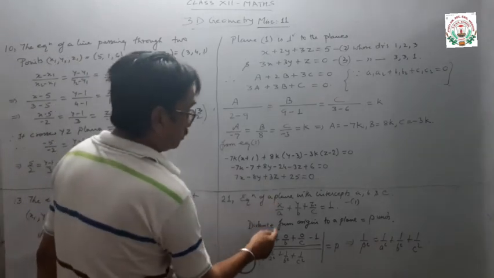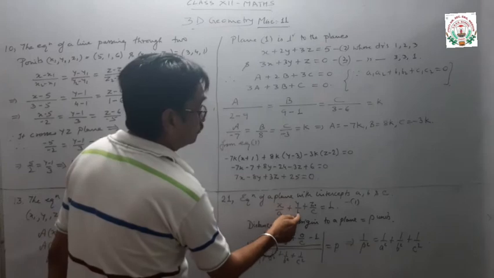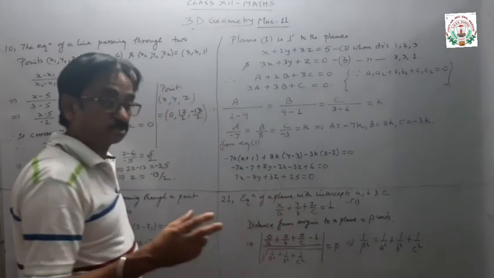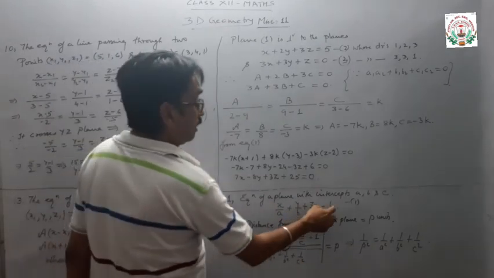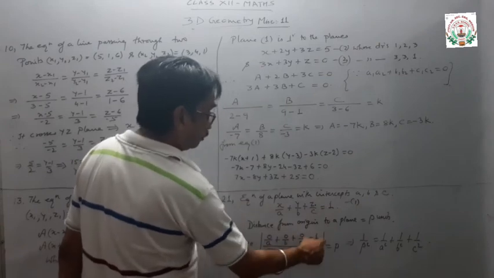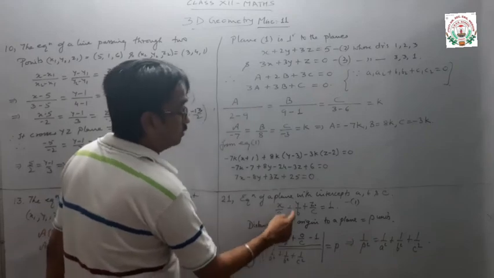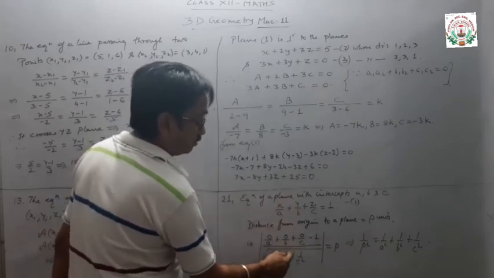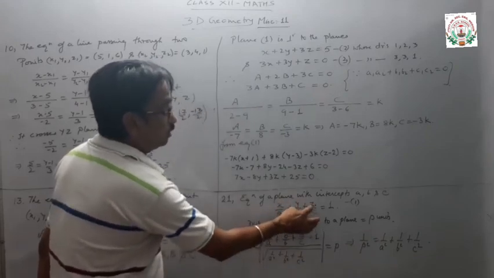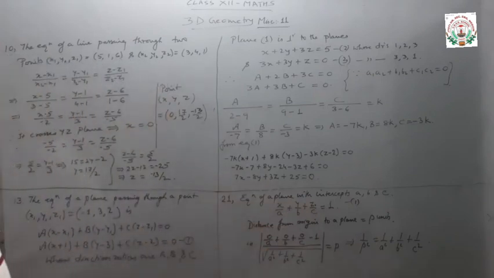So 0 upon a, 0 upon b, 0 upon c, as the distance is measured from the origin, and transpose it: -1, take the modulus, root over coefficient of x is 1 by a square, coefficient of y 1 by b square, coefficient of z is 1 by c, so 1 by c square.